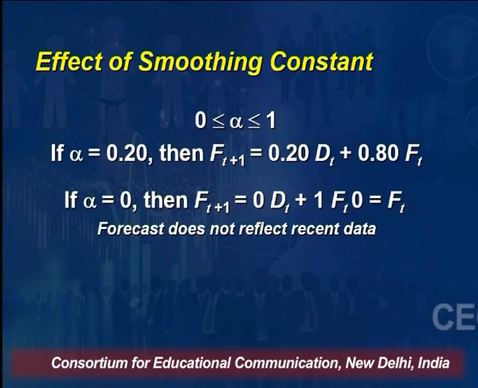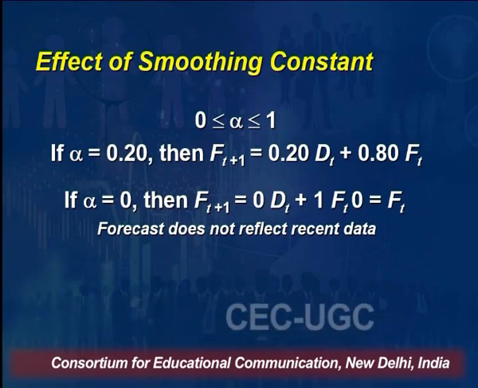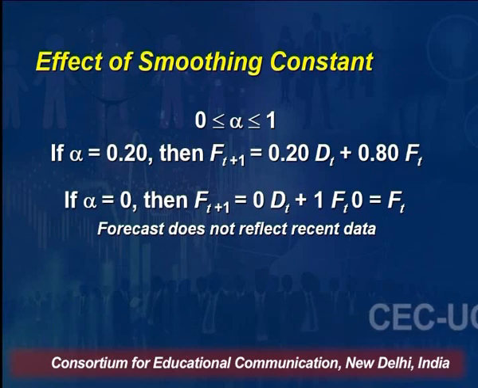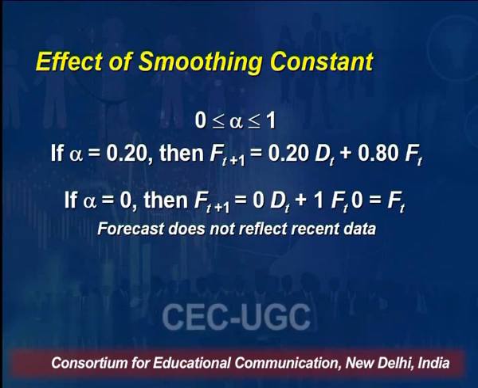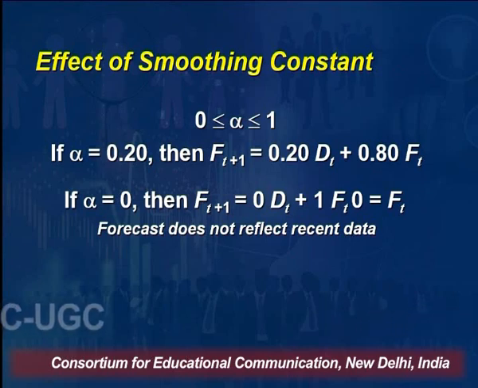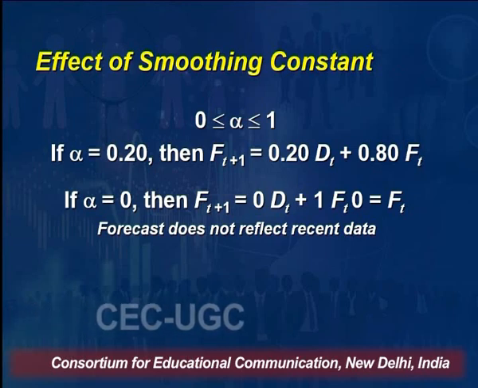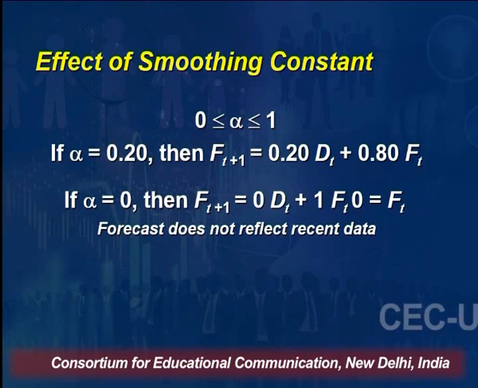But if your alpha is 0, that means the smoothing constant is 0, there is no smoothing, then F(t+1) will become 0 into D(t), plus, because 1 minus 0 is 1, 1 into F(t). So this will be equal to F(t), because 0 into D(t) becomes 0. So your forecast for the next period is the same as the forecast for the previous period. That means the forecast does not reflect any recent data.